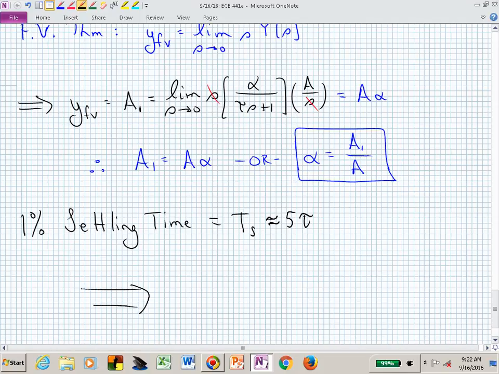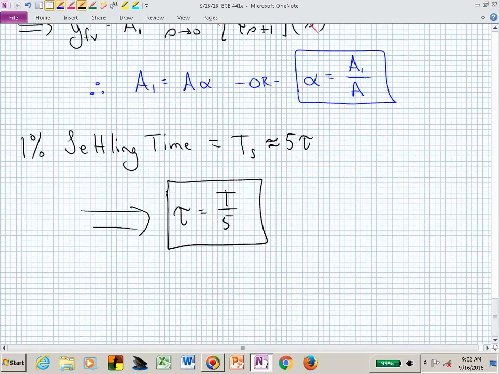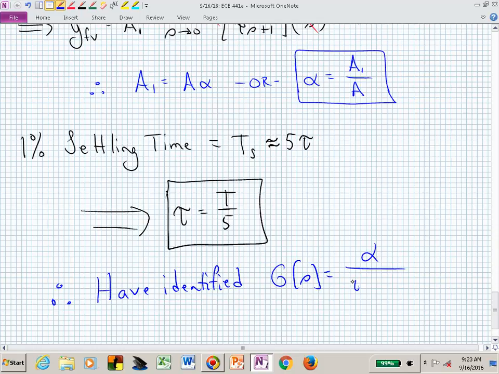Boom, that's T sub s. We can now solve that for tau. And we've now identified our system. With that experimental information, we now have our first order system described or modeled.